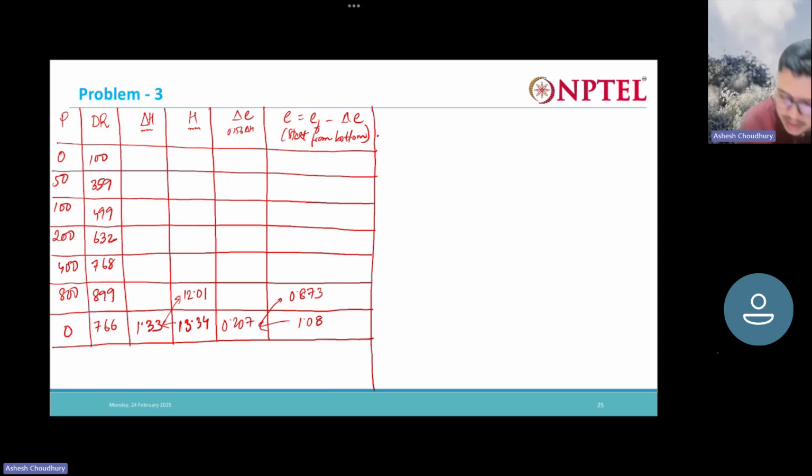Now again here, 899 minus 768 is 131. That means it will be minus 1.31. So this is going to be 12.01 plus 1.31, which is 13.32.